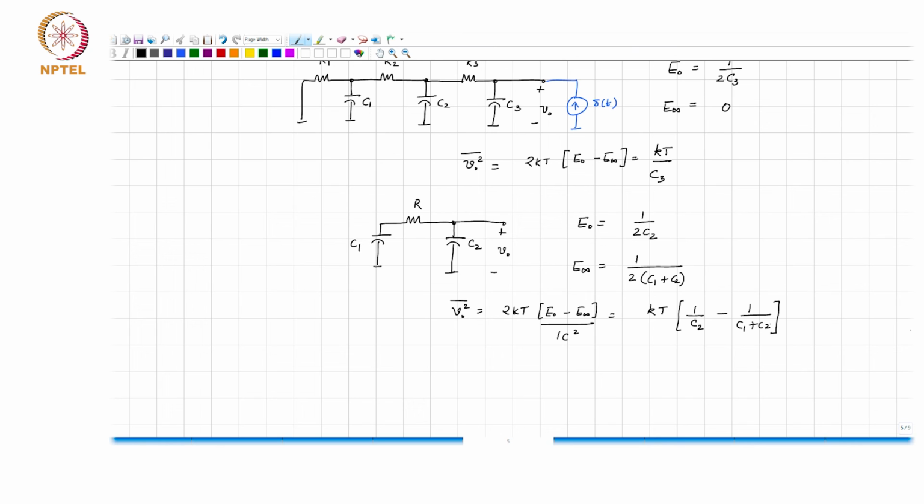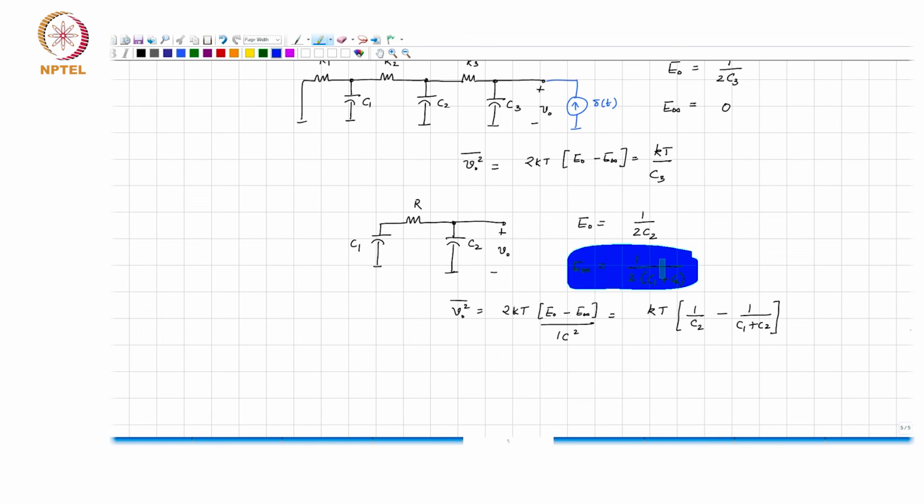Okay. This is just there to illustrate the fact that it is not necessary that all the capacitors discharge to 0. This is an example of a network where the capacitors do not discharge.